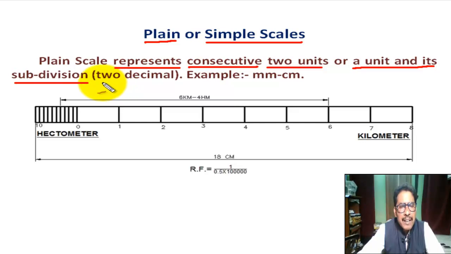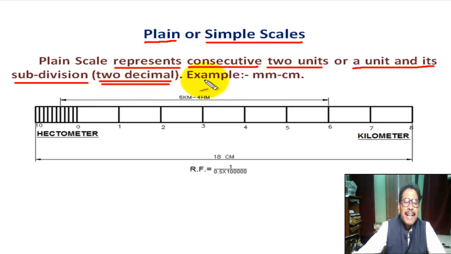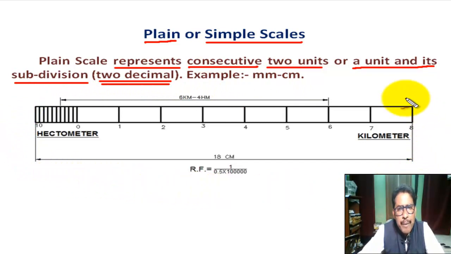That means plane scale measures up to 2 decimal. For example, millimeter and centimeter. Plane scale represents 2 consecutive units, millimeter and centimeter. This is the figure of a plane scale.